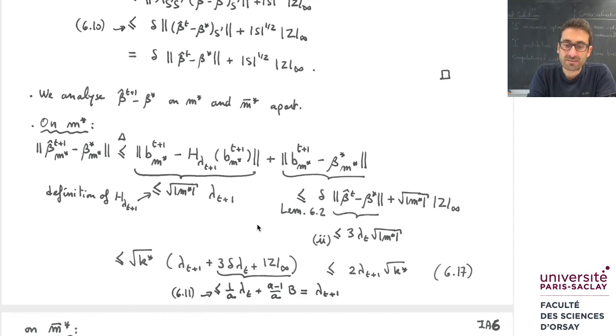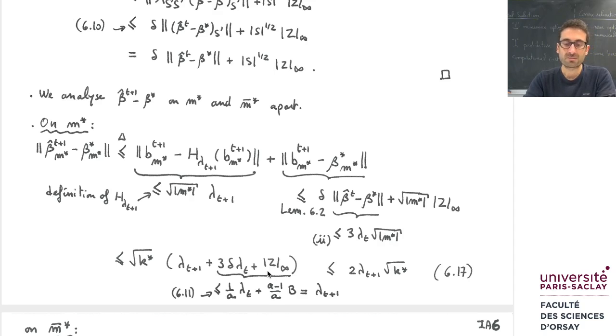And at the end, if you add this term with this term and this term, since the cardinality of M star is equal to k star by definition, you have square root of k star times lambda t plus 1. Here you have 3 times lambda t, and here you have the sup norm of z.